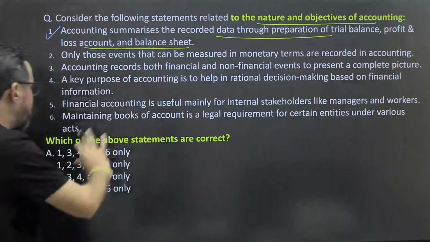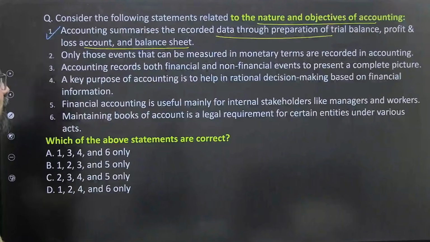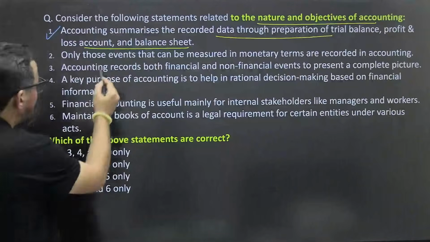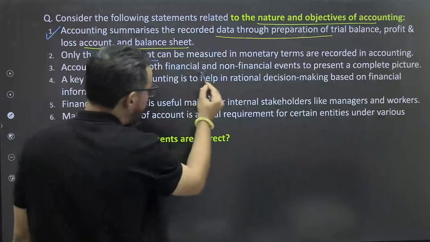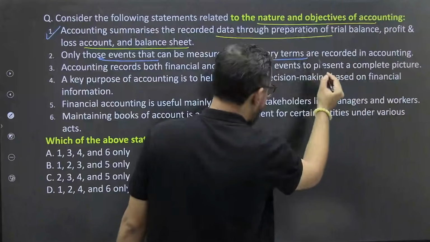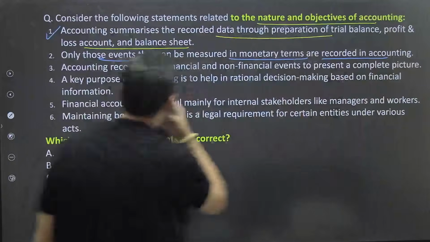So the first question: accounting summarizes the recorded data through the preparation of trial balance, profit and loss account and balance sheet. Only those events that can be measured in money terms are recorded in accounting. 100% true.